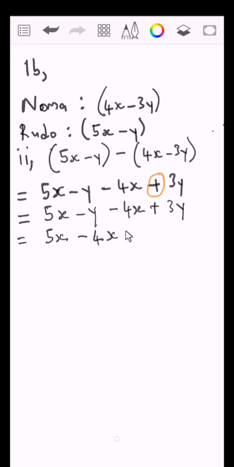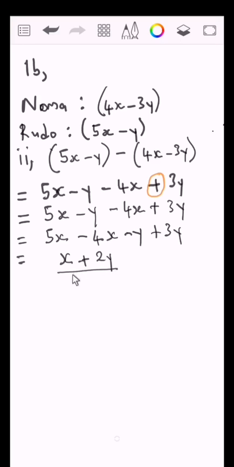Then we have minus y, then with this plus 3y. So tikauya panapa tikati 5x minus 4x tinowana x, then minus y plus 3y tinowana plus 2y.